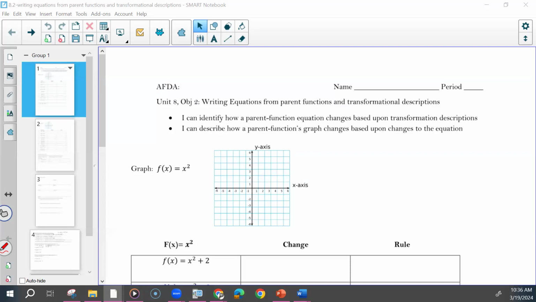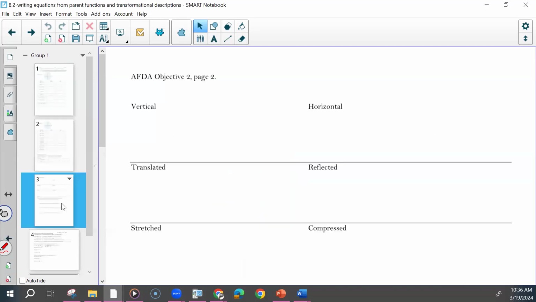Okay, we did the front and back of this, go onto this page.